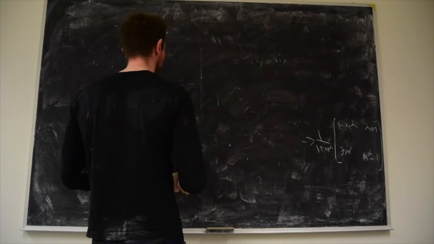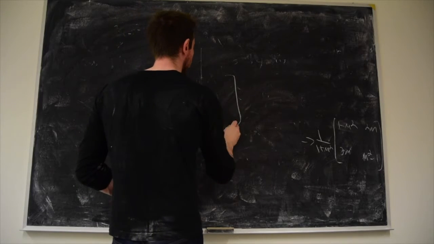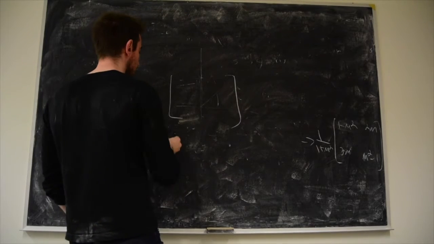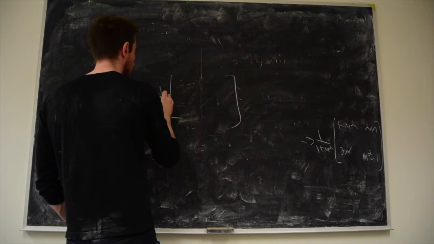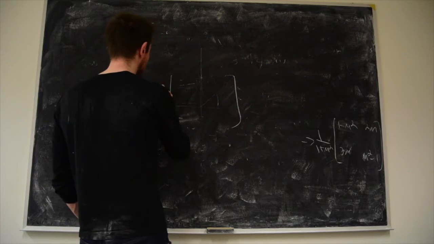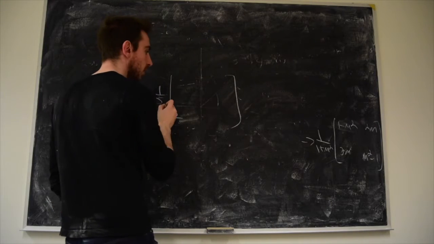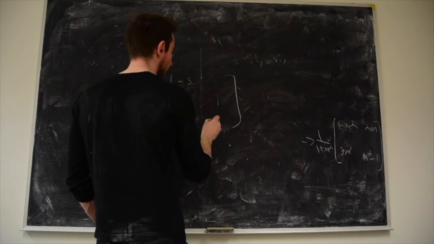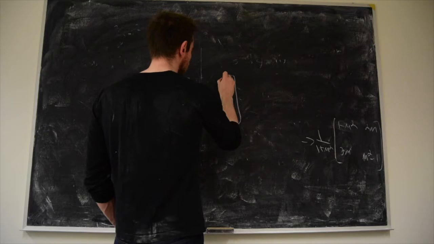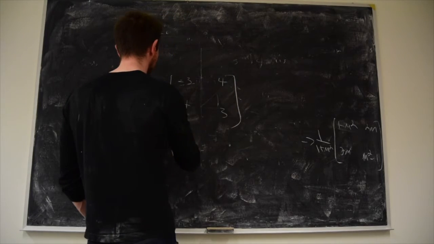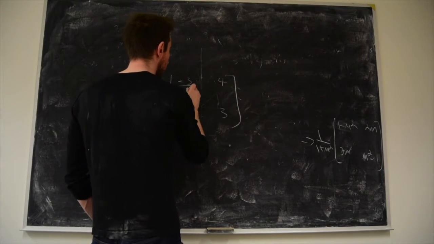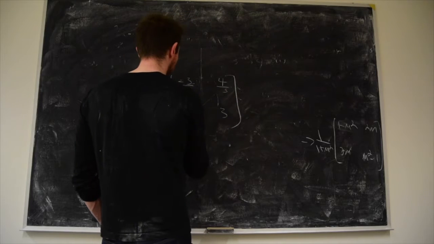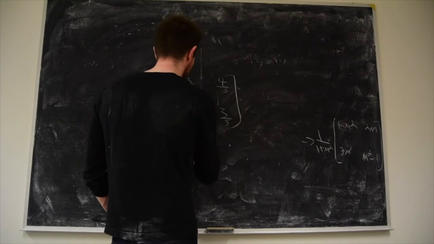It said show that this matrix is a reflection across a line, and it was 1 over 5, negative 3, 4, 4, 3, or it was like negative 3 over 5, 4 over 5, 4 over 5, 3 over 5.